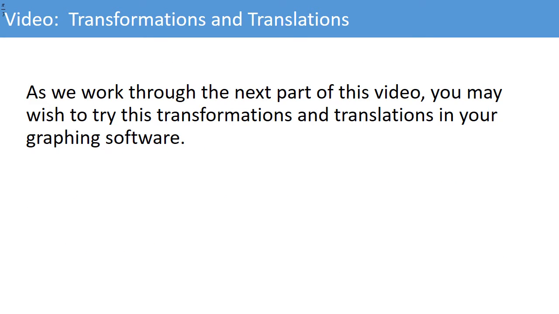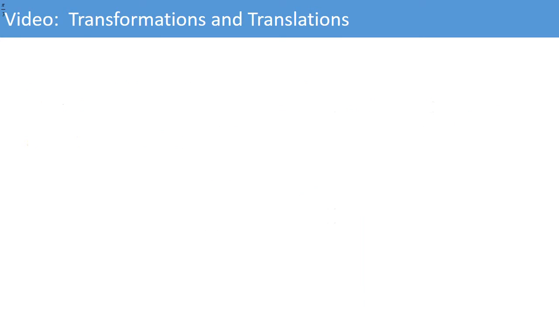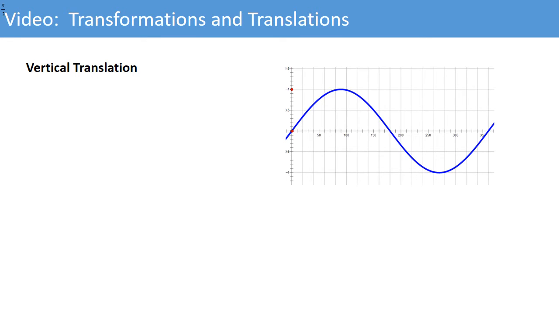As we work through the next part of this video, you may wish to try these transformations and translations in your own graphing software, Geometry Sketchpad. Let's start by looking more closely at vertical translations.